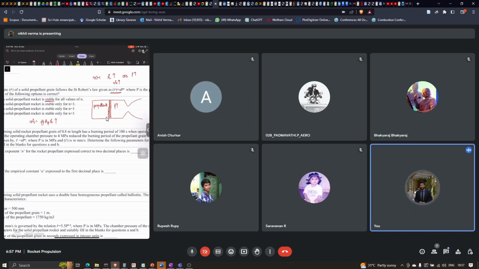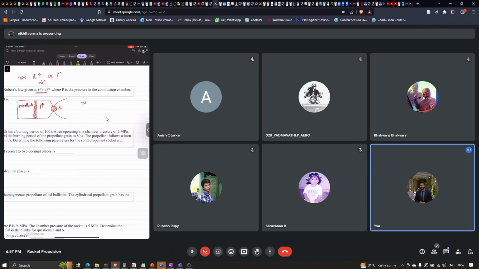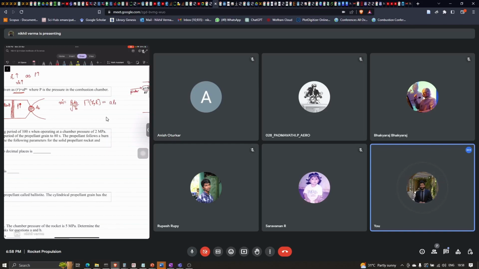Since the area of the throat is fixed, the mass flow rate through the nozzle can be written as P naught A_T over root T naught, times some function of gamma and R. And this should be equal to a P naught to the power n, times the area of the propellant, times the density of the propellant, to have the mass balance.